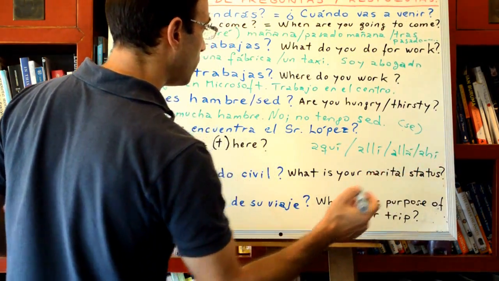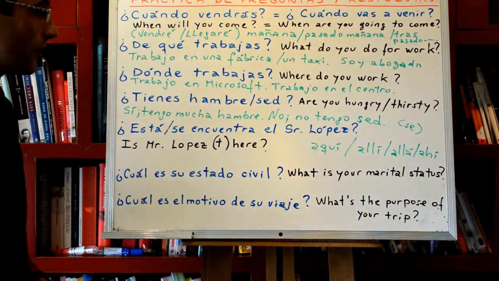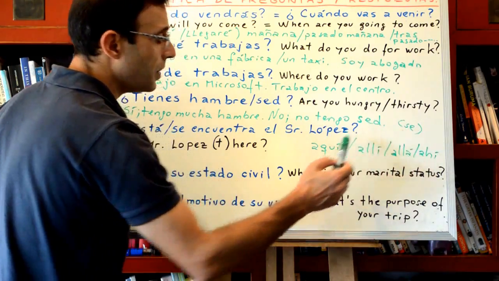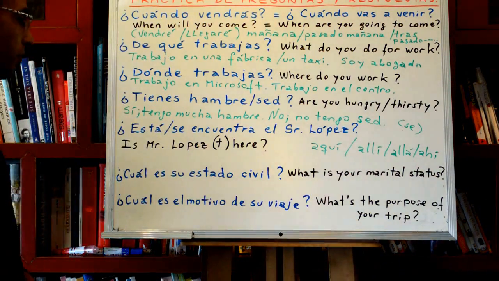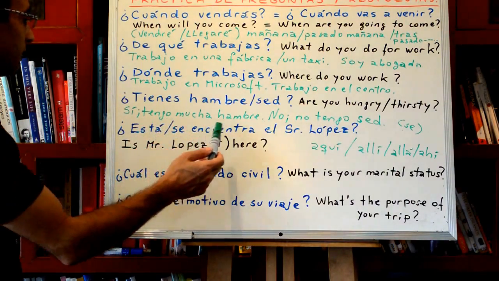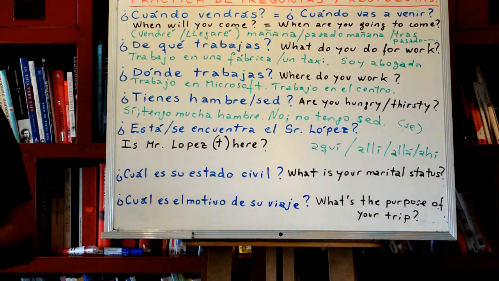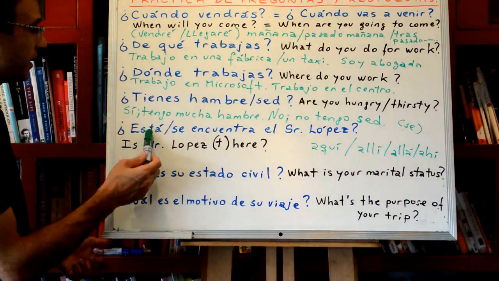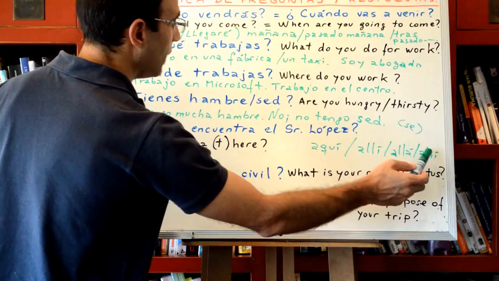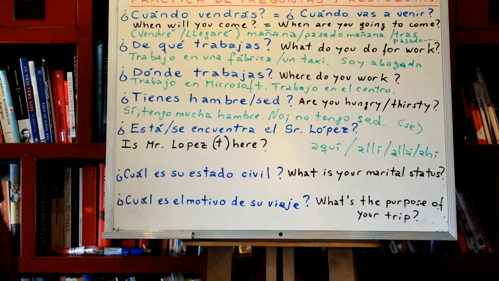These are three different ways of saying there, right? Any of these three is perfect. So, I can say, ¿está el señor López aquí? To say, is Mr. López here? Or I can also say, ¿está el señor López ahí? Is Mr. López there? Okay?